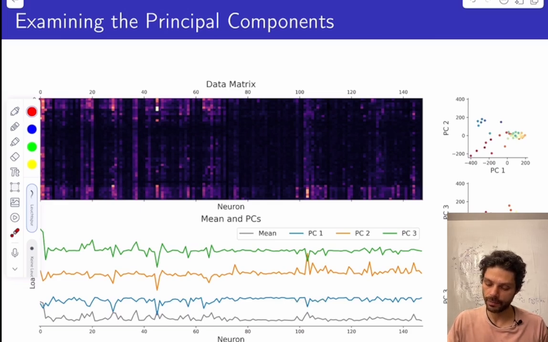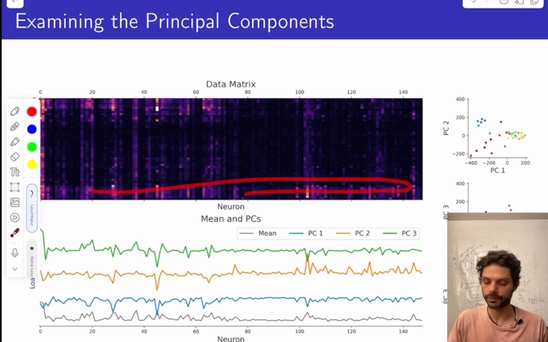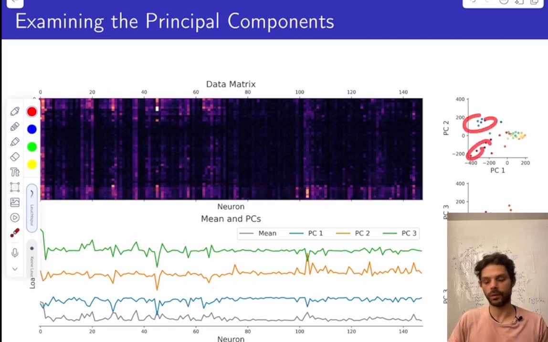This early part seems to be quite similar for all of them. But PC2 seems to pick out activity along this particular set of neurons. And so indeed we see that if you did that, they don't respond very much to this group, but they actually do respond very much to this bottom set of odors. And that potentially explains the split that we're seeing.